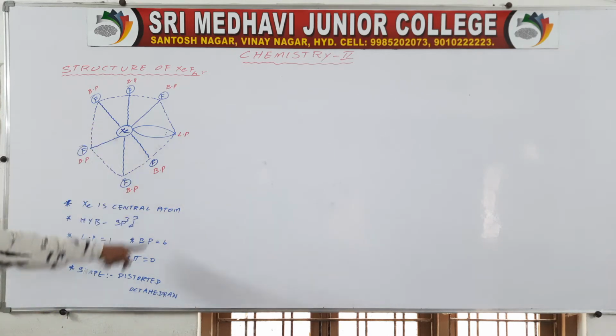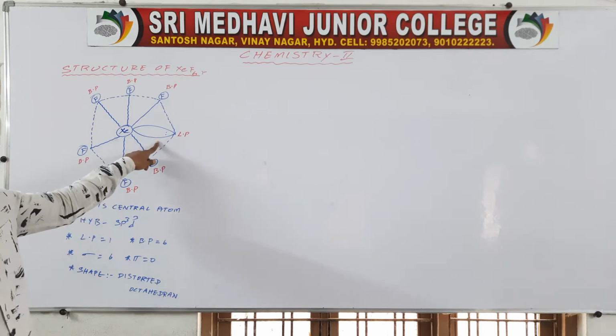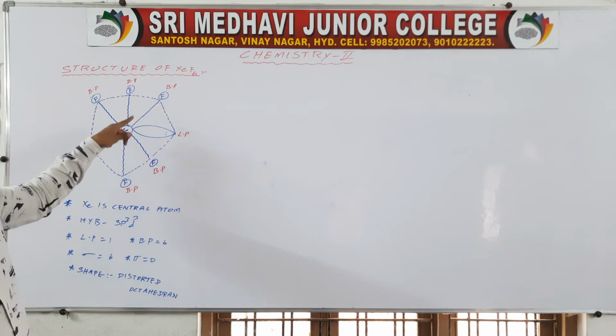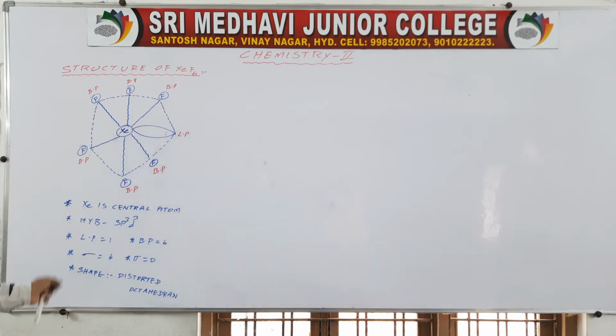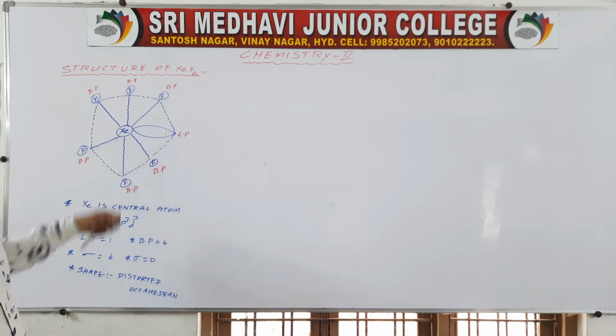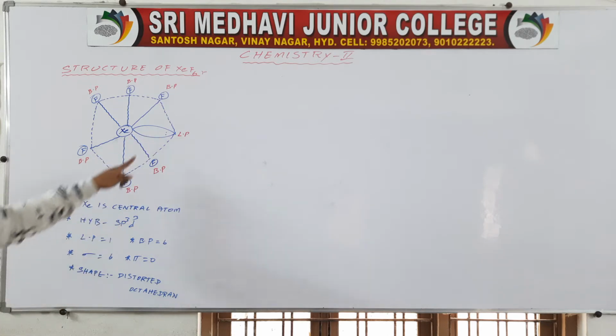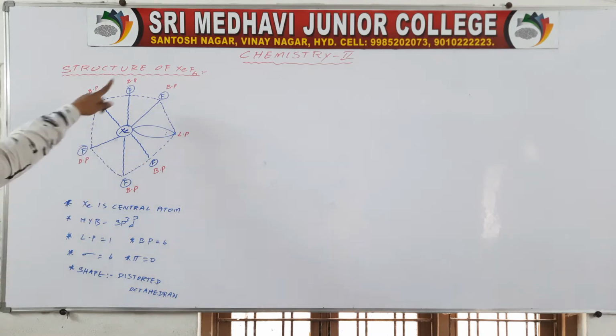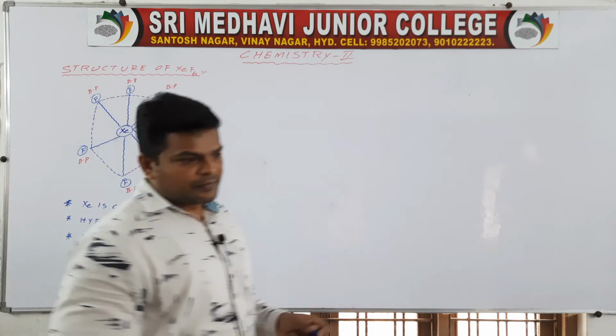The shape of the molecule is distorted due to the presence of lone pair and bond pair. Due to repulsions between lone pair and bond pair, the shape of the molecule will change. So actually it is pentagonal bipyramidal, but its shape will change due to the presence of this lone pair. Okay, so this is the structure of XeF6.